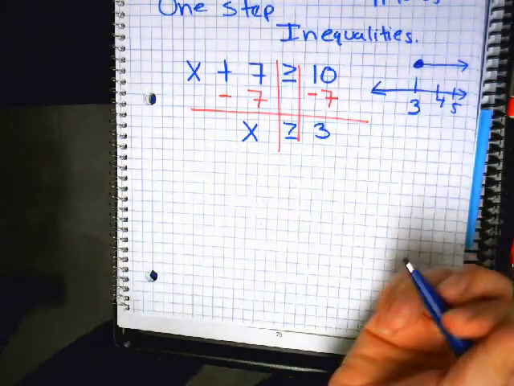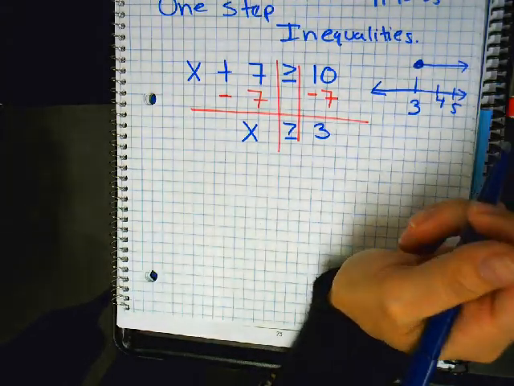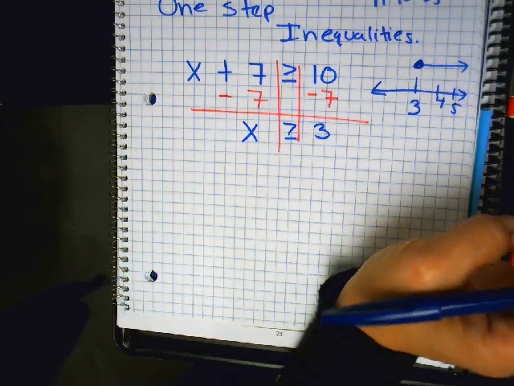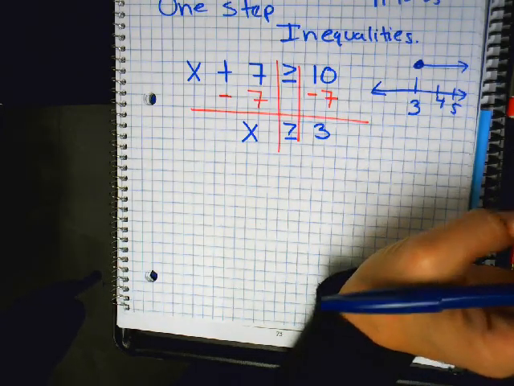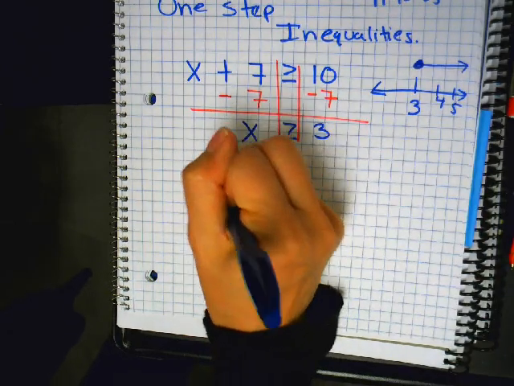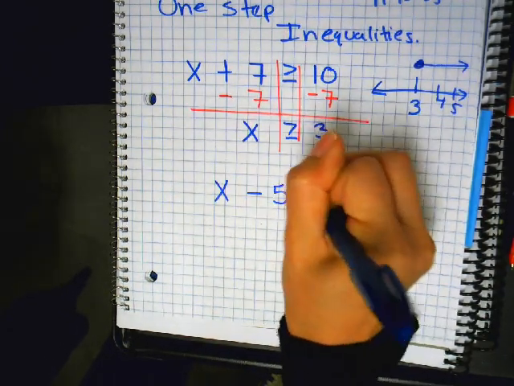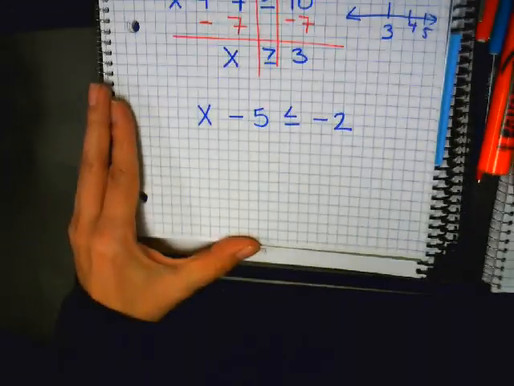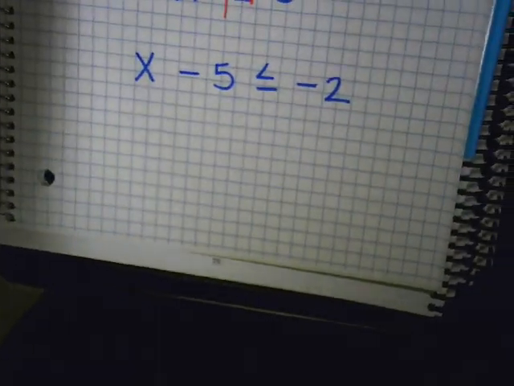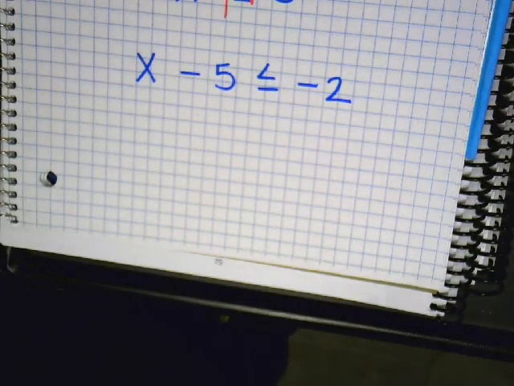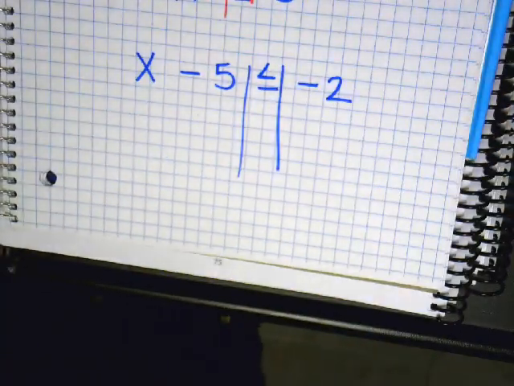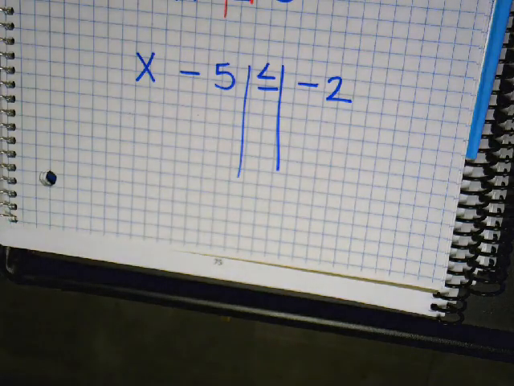All right, ready? What's the next operation that you learned after addition in elementary school? Subtraction. All right, so x minus 5 is less than or equal to negative 2. So we draw our bars. You're going to do the opposite operation.